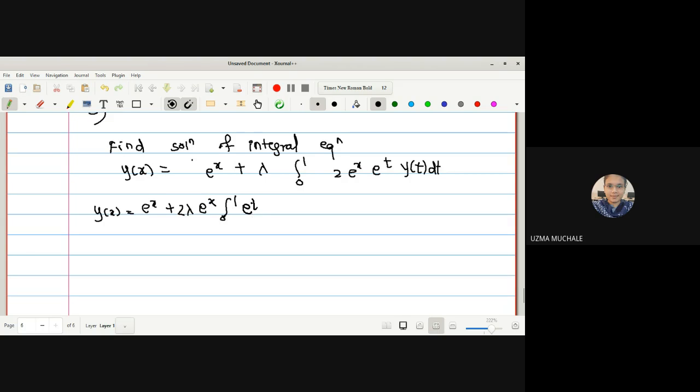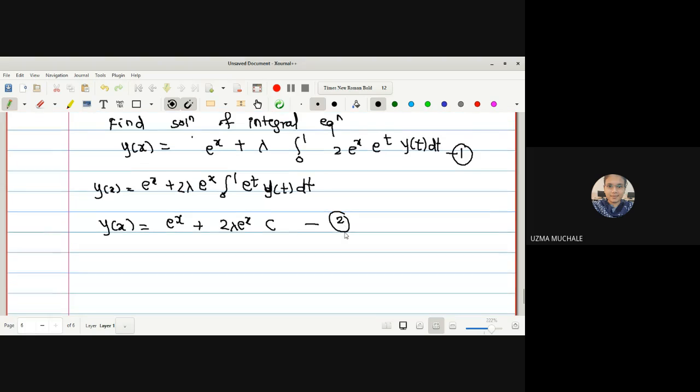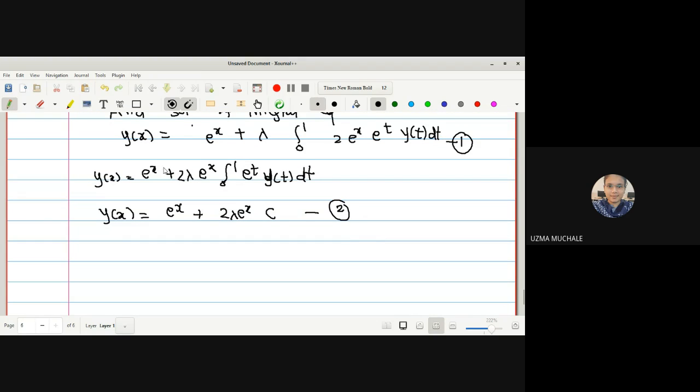Inside the integration, we will keep the terms which are involving t. Okay. Now the value of this integration we keep as some constant c.